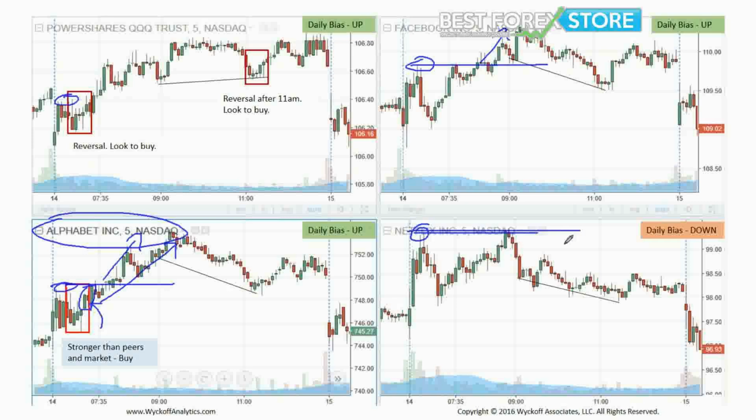Secondly, I know the structures of the stocks in and out, so I know exactly where they are in terms of their trend characteristics, in terms of their trading range characteristics. So I don't have to think in the morning about a long-term structure. All of the biases are already defined except for the intraday biases.